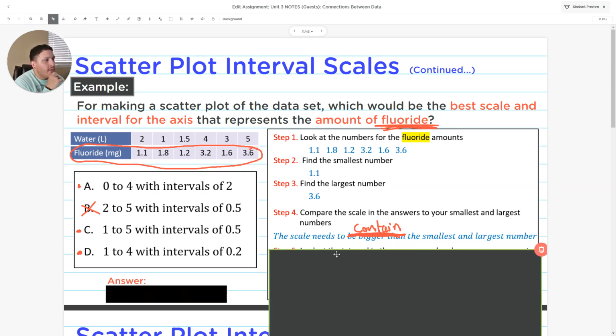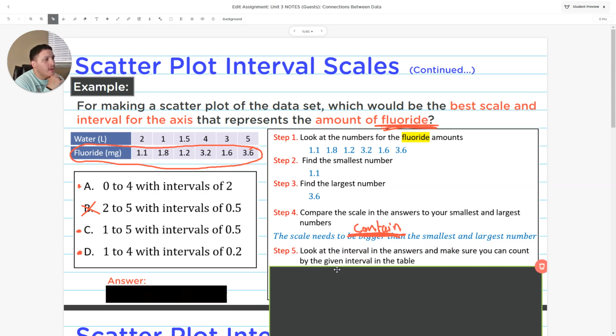So now after step 4, step 5, look at the interval answers and make sure you can count by the given interval in the table. So I'm going to look at A, from 0 to 4. Well, I'm going to make a number line, not a list. It says intervals of 2. So basically, I'm going to be counting by 2. So from 0, I'm going to go to my next tick mark, 2.